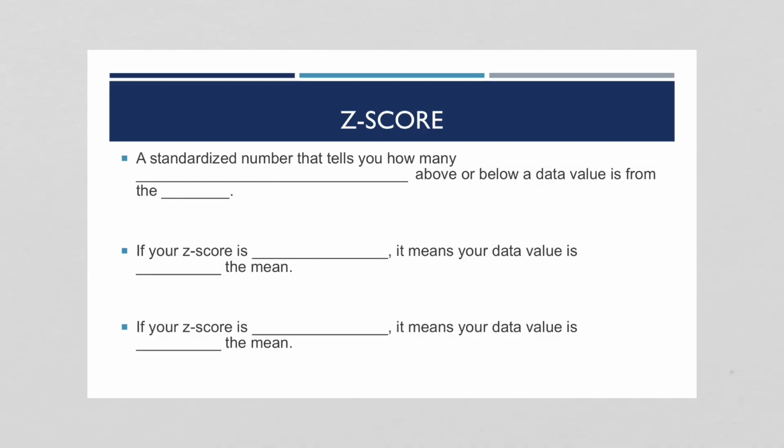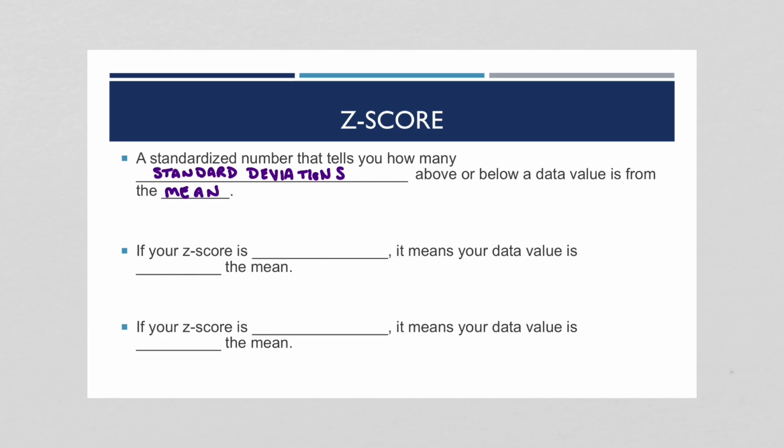So now that I've mentioned a standard normal distribution and then I also brought up a z-score, there might be some lingering questions around what exactly is a z-score. So this is a standardized number that tells you how many standard deviations above or below a data value is from the mean.